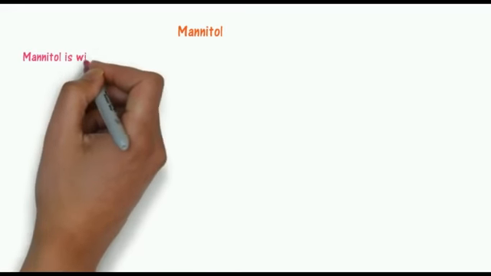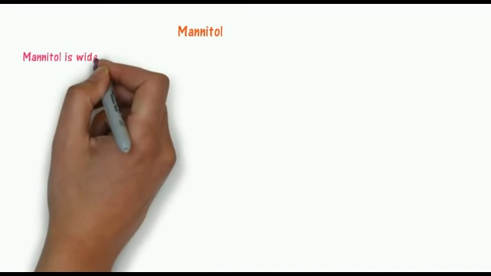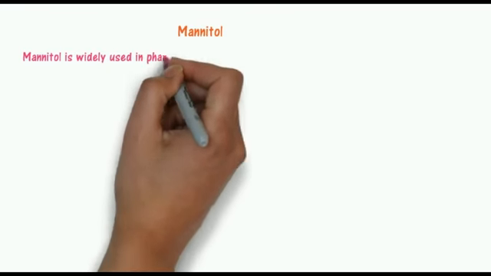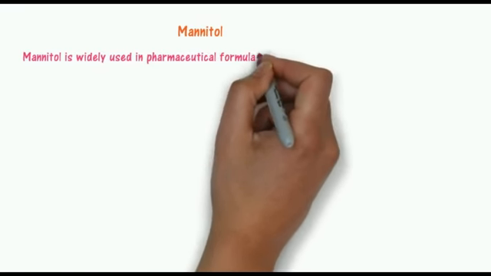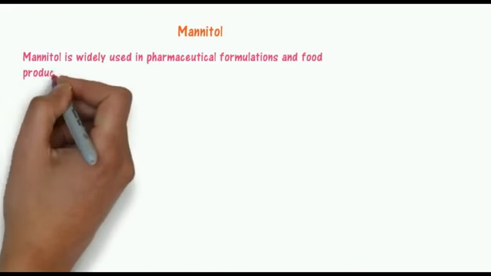Next one is mannitol. Mannitol is also pharmaceutically active and used in injectable form as an osmotic diuretic, but in oral pharmaceutical solid dosage form it is mostly used in chewable tablets as a filler in direct compression process. Mannitol is widely used in pharmaceutical formulation and food products.